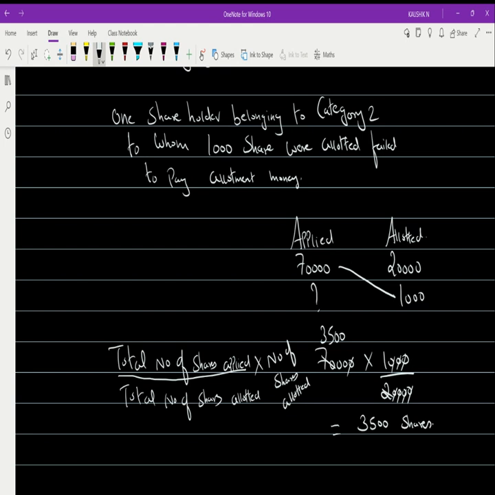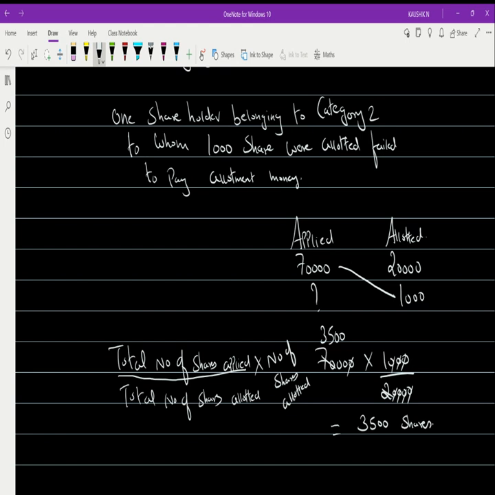Okay. So as of now, if you have any doubt, you just let me know. I'm just touching base on the areas which are all important before we go into a full-fledged problem. Because if you don't understand these logical things, of course, a full-fledged problem will become a tedious one.